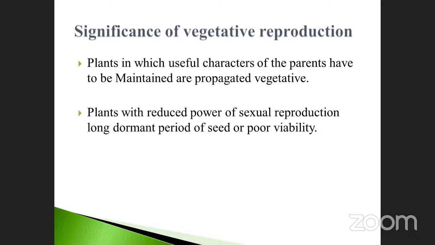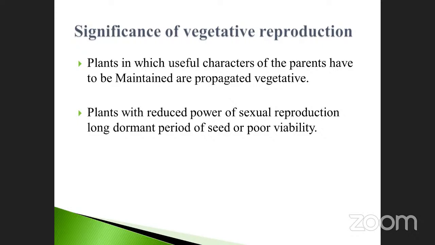The seed is placed in favorable conditions, but it will not grow. It will take more time. When you plant the rhizome, you will get the yield within 2 years, because banana is a biennial plant. Those have reduced power of sexual reproduction.